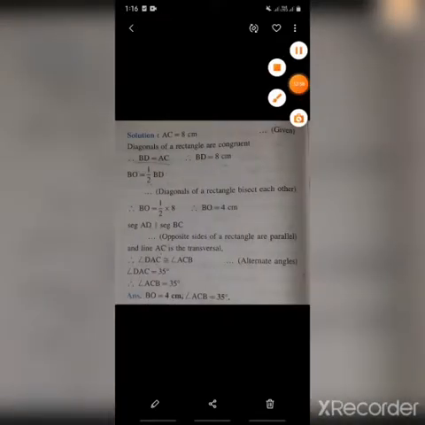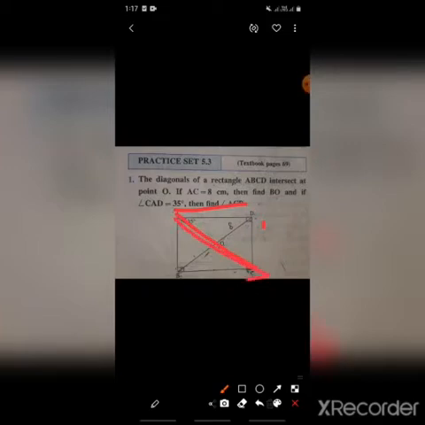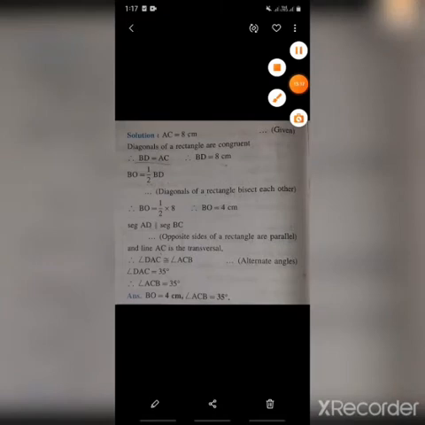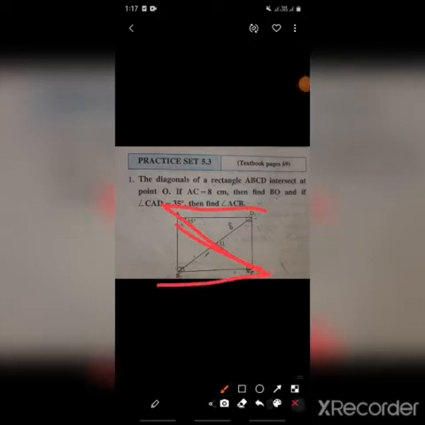Then DAC is congruent to ACB, as alternate angles. So this one is an alternate angle like this.